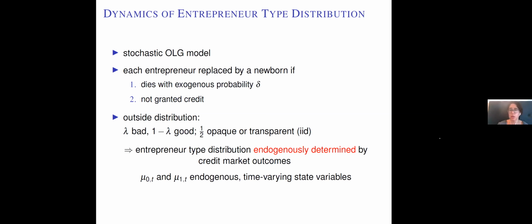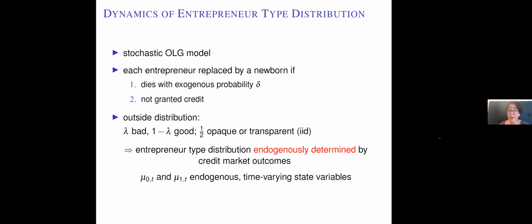Okay, it's going to live that period, but then it's going to die. Okay. And then the replacement happens with somebody from the outside distribution. The outside distribution has a lambda fraction of entrepreneurs bad, 1 minus lambda good, and then half opaque and half transparent, and this joint type distribution is IID.